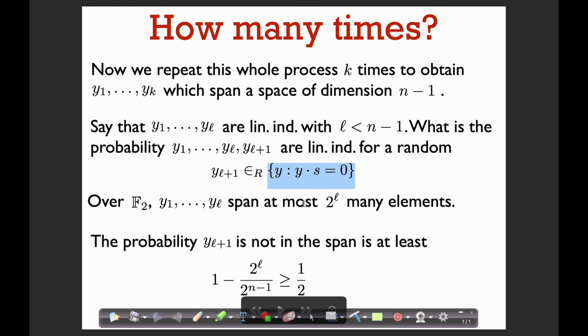And assuming that l is strictly less than n minus 1, this is going to be at least a half.